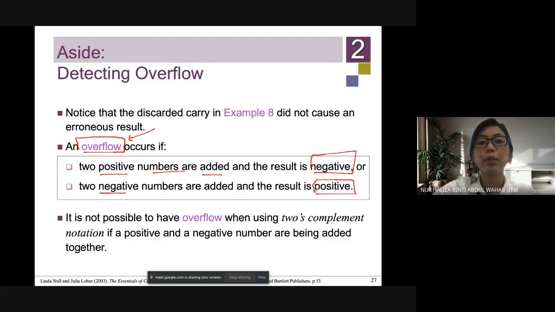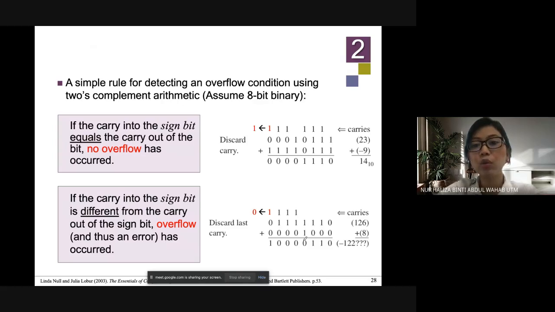So you name it as overflow. And normally if you use 2's complement, it is not possible to have overflow if a positive and negative number are added together. So over here you were given the overview of why it basically becomes overflow.